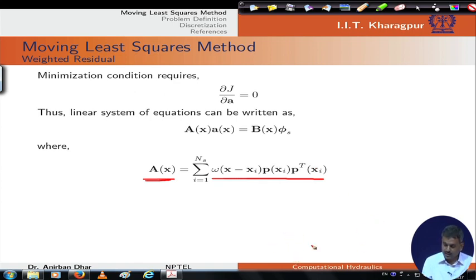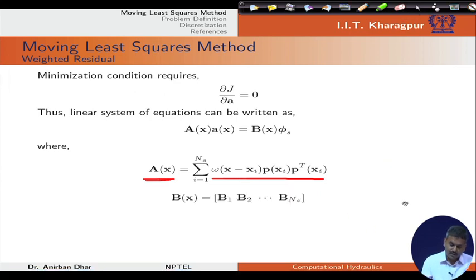In this particular case, we are writing B on the right hand side; this is B1, B2 to Bns, where ns is the number of points in the support domain, and Bi is our omega x minus xi p xi.